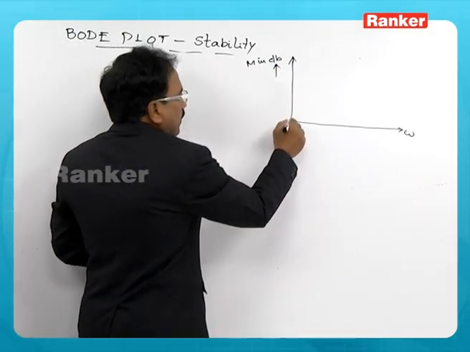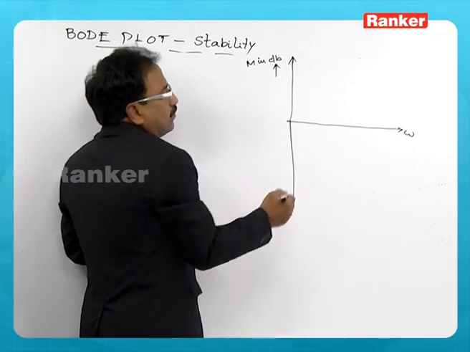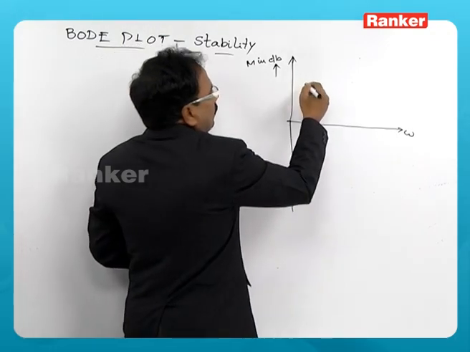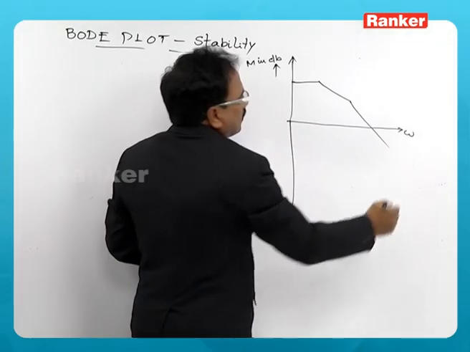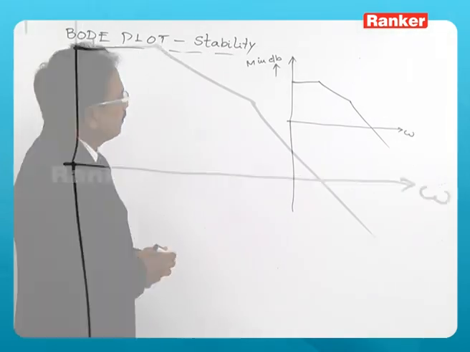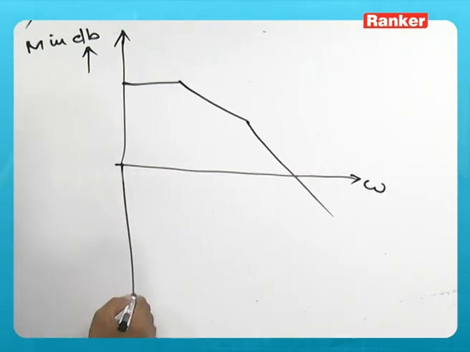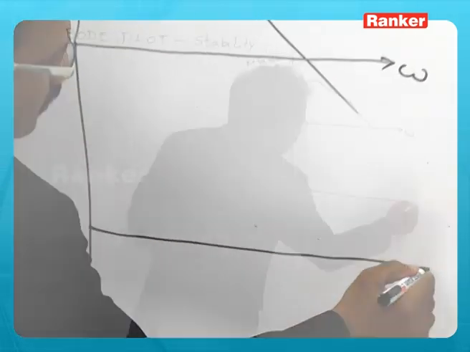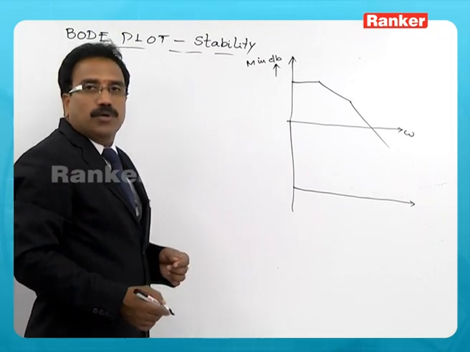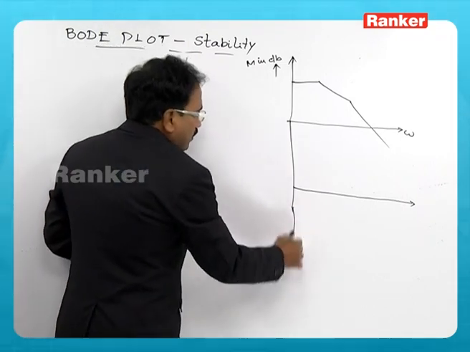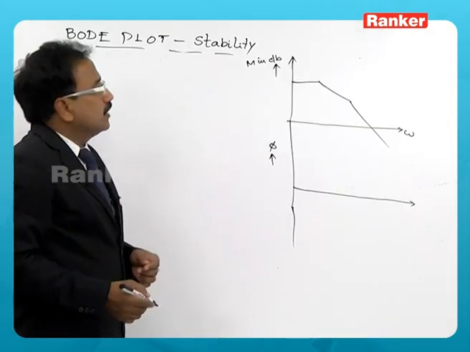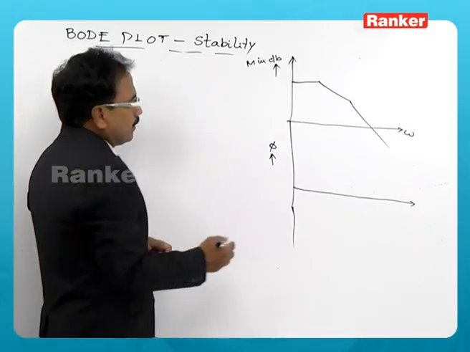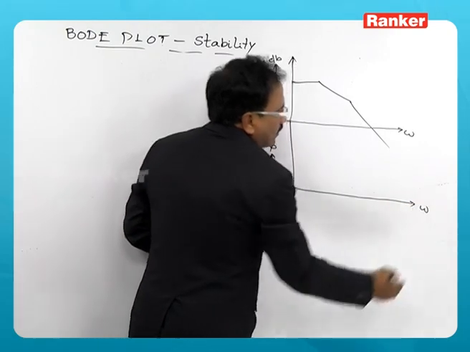For example, if you get the magnitude plot in this way, then there will be a phase plot, the phase angle of the given loop transfer function versus frequency.